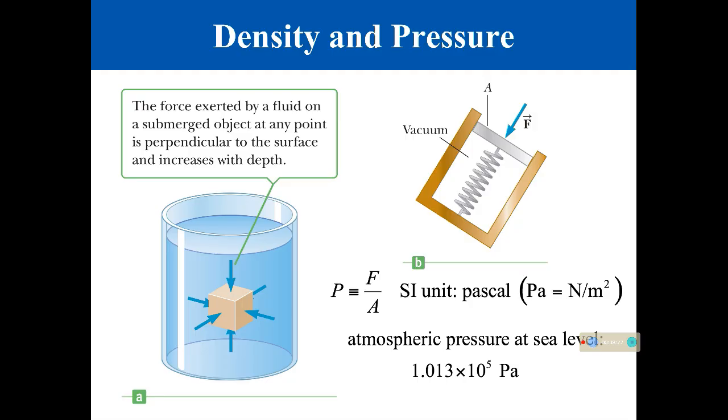So let's watch this. I'm going to put more air in. Compared to the earlier volume, the force on this balloon is now greater or smaller? Greater, because of adding more area. But, and this is why we want to talk about pressure instead, the forces are equal on both sides.